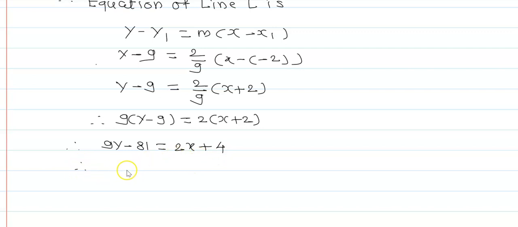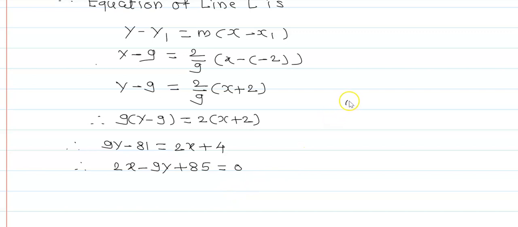Transferring this to the right hand side, you will get 2x minus 9y, and this minus 81 will become plus 4 plus 81, that is 85, equals 0.